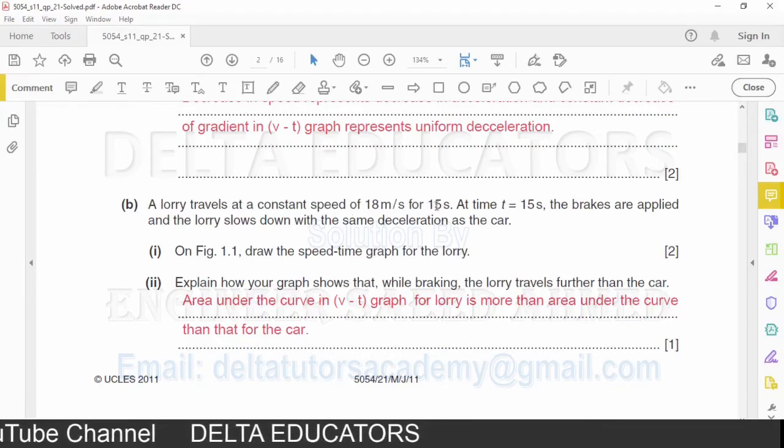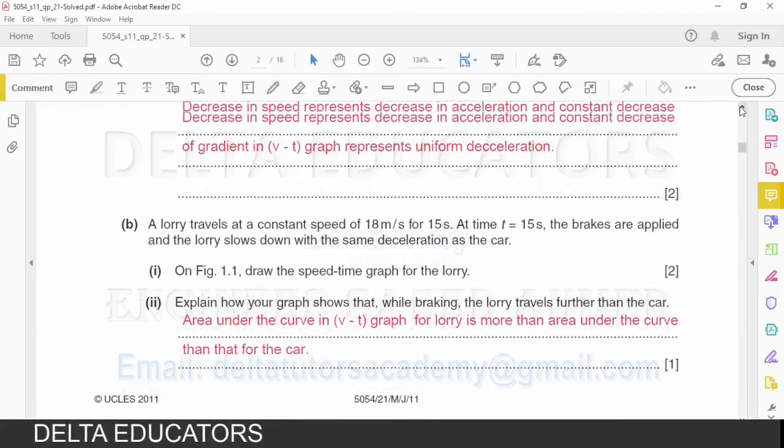At 15 seconds, brakes are applied. When the brakes are applied, there is deceleration, and it is the same as the deceleration of the car, meaning the gradients of the lorry and the car will be at the same angle.